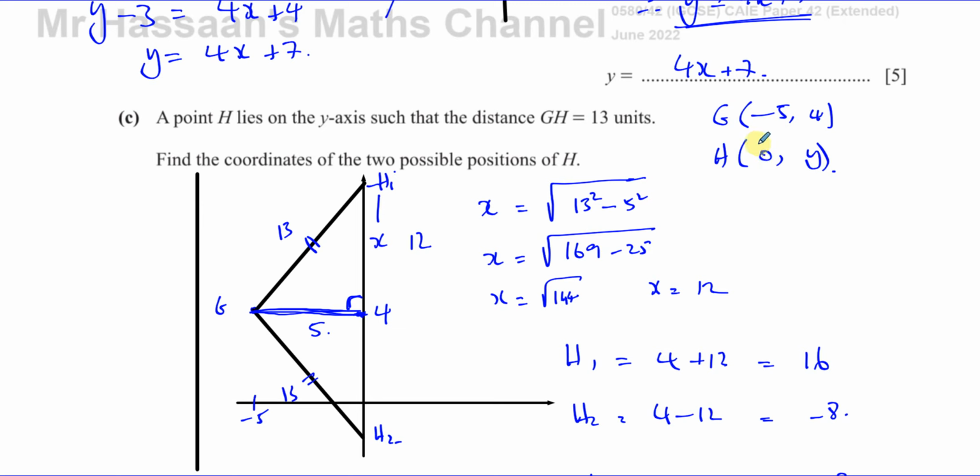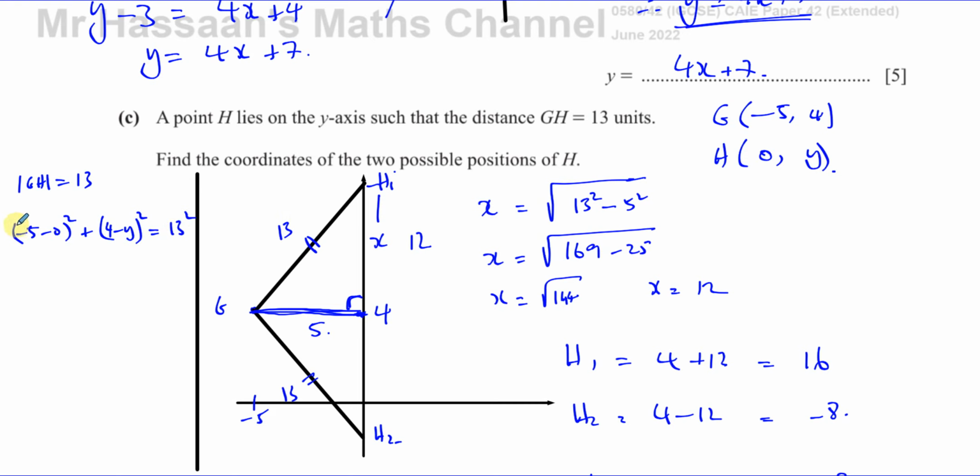We can say that GH equals 13. So if we know that the magnitude of GH is equal to 13, I can say that the difference in the x coordinates, (minus 5 minus 0) squared, plus (4 minus y) squared has to give me 13 squared.